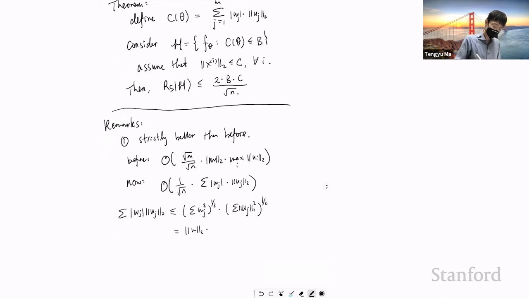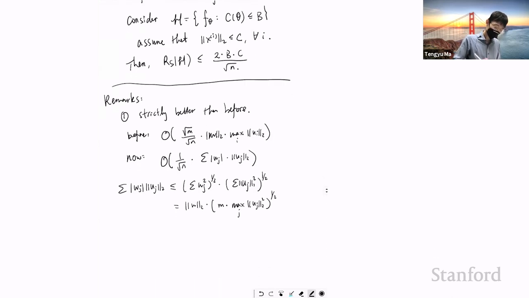And the second term, you can bound each of them by the max. So you get m times max over j of the 2 norm of uj squared, to the power half. So what you got is square root m times the 2 norm of w times max over j of the 2 norm of uj. So in this sense, this is a strictly better bound.